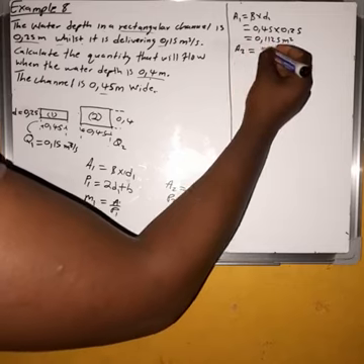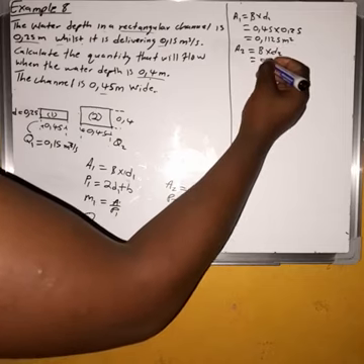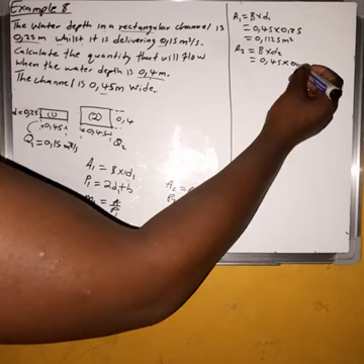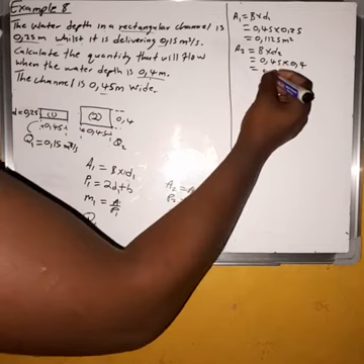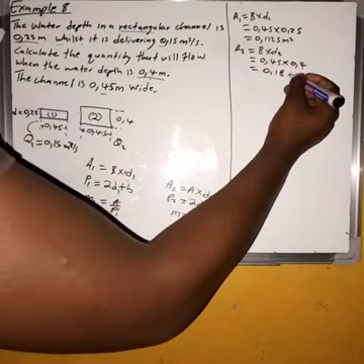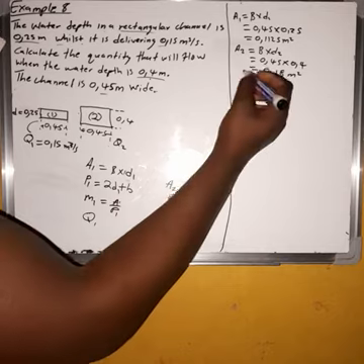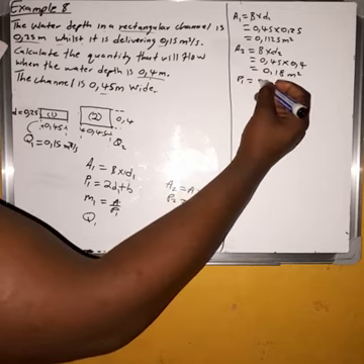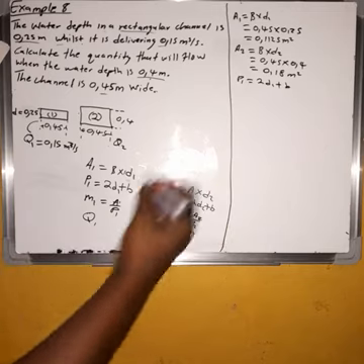Area 2 is B multiplied by D2. B is the same, the depth differs, 0.45 multiplied by 0.4, which is 0.18 meter square. Perimeter 1 we know is 2D1 plus B.